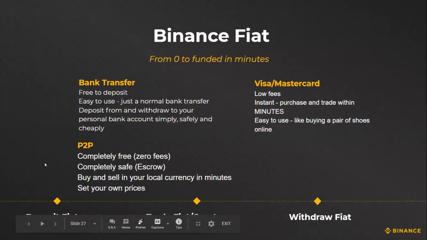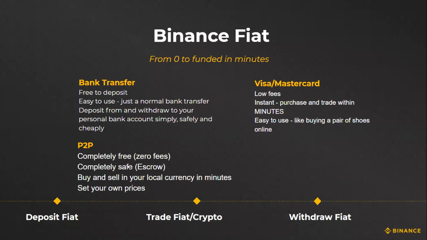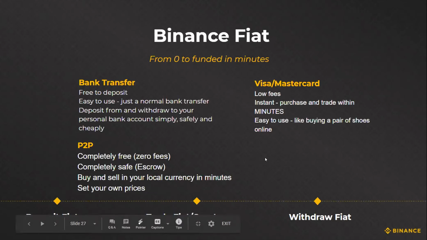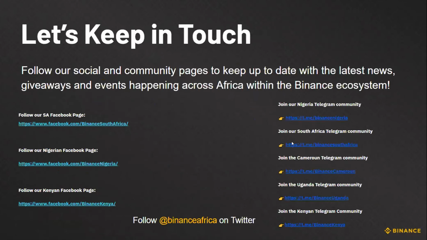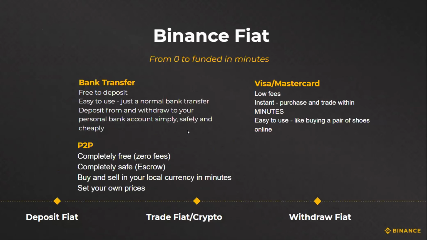Alright? Now I'm going to show you how to use peer-to-peer. It's completely free. On peer-to-peer, there are no fees. I'm pretty sure some of you have heard about OTC trade. OTC means over-the-counter trade.